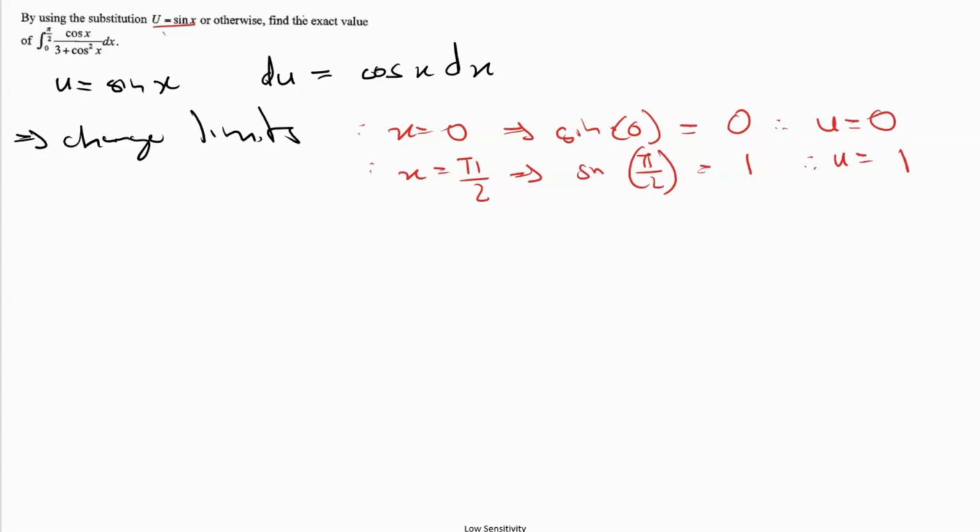Okay, so since we have those new limits, we can now use this sine x and rewrite this function again. Right, so let's do this.